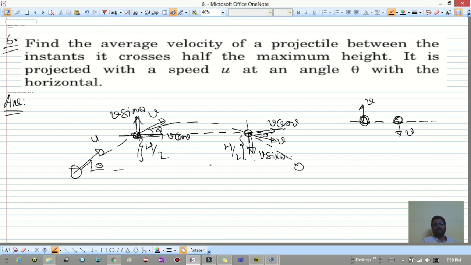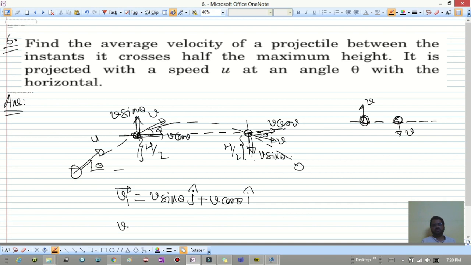Okay. Now over here, what is the initial velocity which we have? It is v sin theta in j hat plus v cos theta in i hat. This is v1 bar. Then v2 bar, the final velocity, let us consider, is v cos theta in i hat minus v sin theta in j hat.